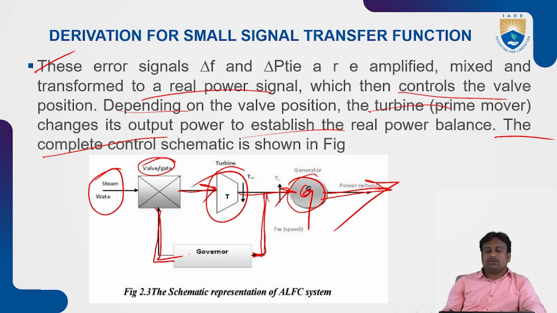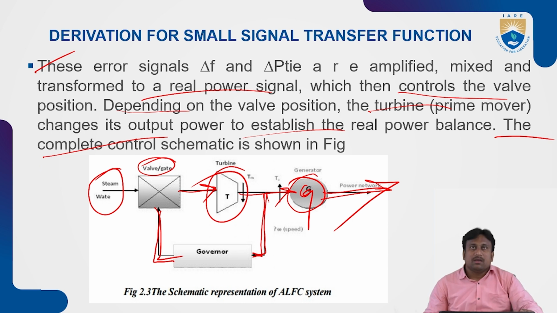This is the basic schematic representation of the automatic load frequency control system. Based on the given input steam or water levels, the automatic load frequency control valves are operated, and based on that the turbine action takes place.